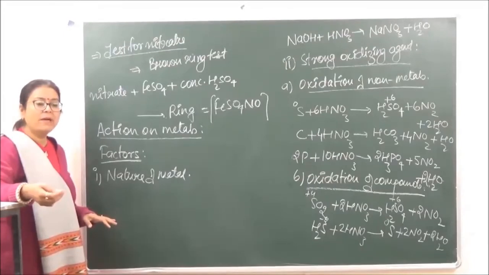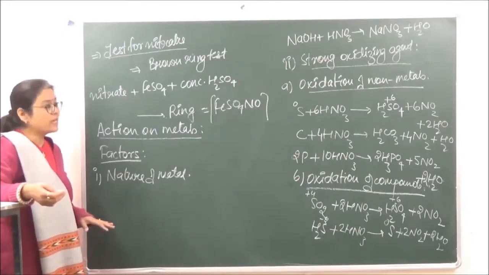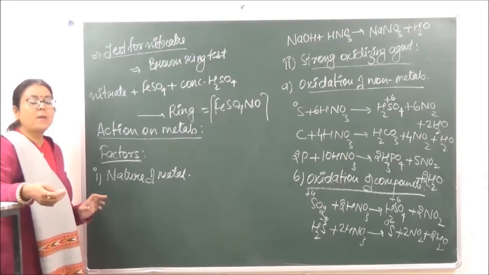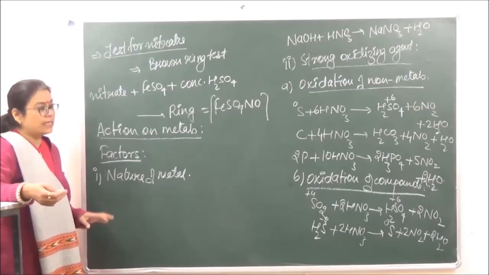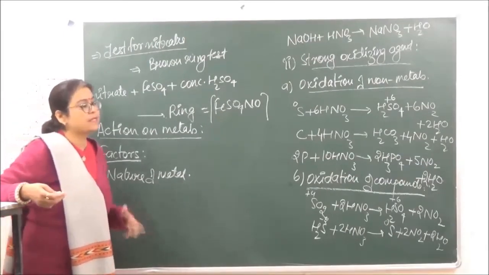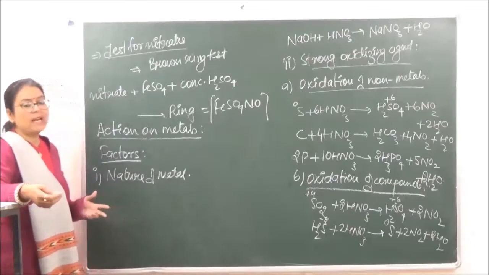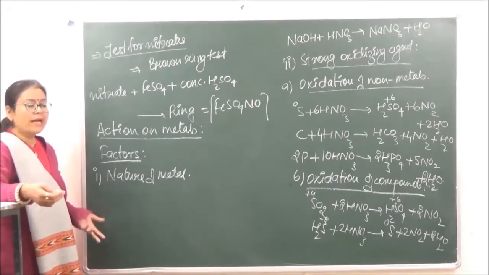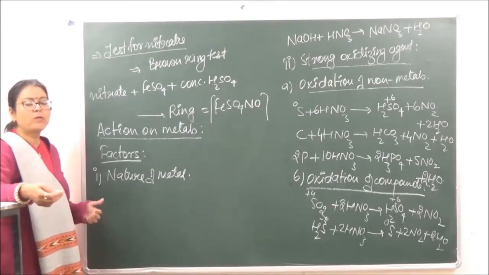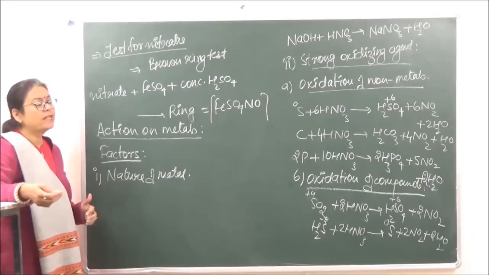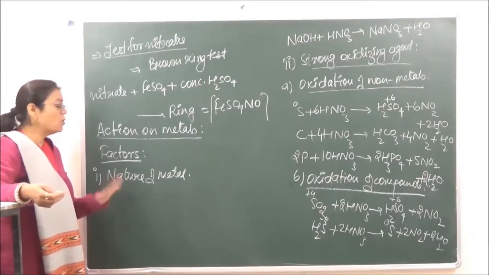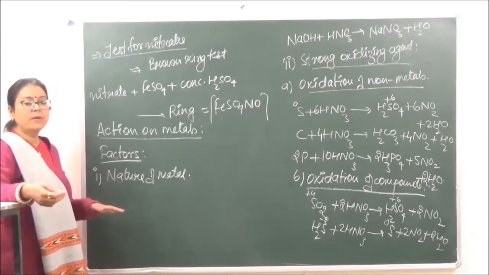And the second type of metals are the less reactive metals which are placed below the hydrogen in the electrochemical series. जैसे copper हो गया, silver हो गया. So copper and silver, they have very less reactivity. But more reactive metals जो हमारे पास हो जाएंगे, they are going to be sodium, okay, they are going to be the alkaline earth metals. So all of them, they are going to react differently with nitric acid.